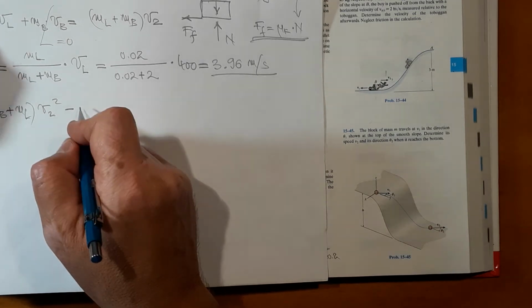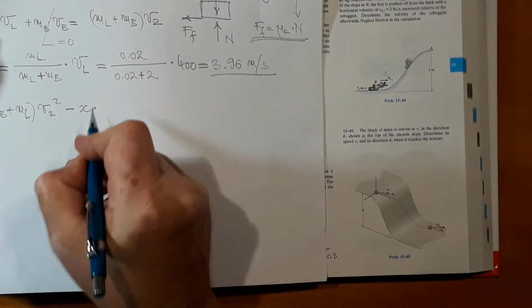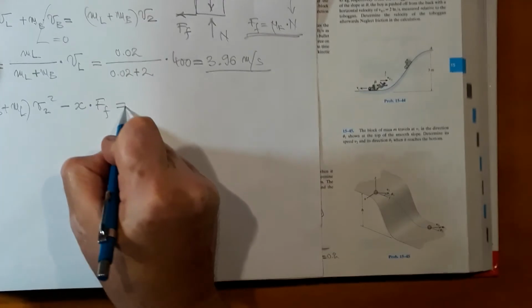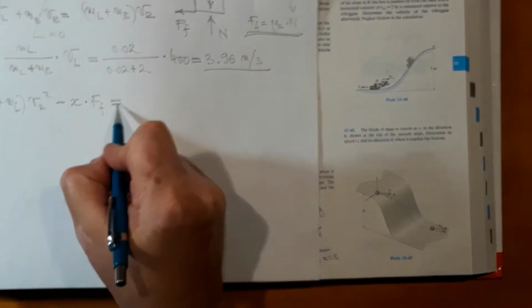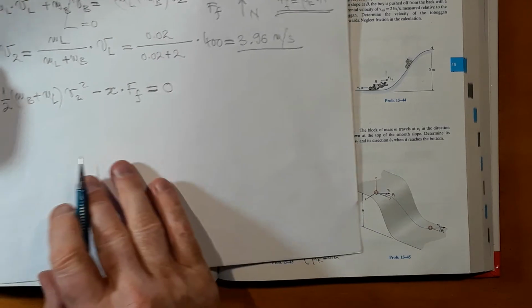So we have the distance traveled, which we want to find, so x times friction force, and so kinetic energy minus the work ends, it goes to 0, x distance to stop.